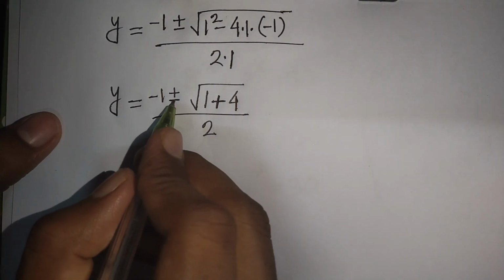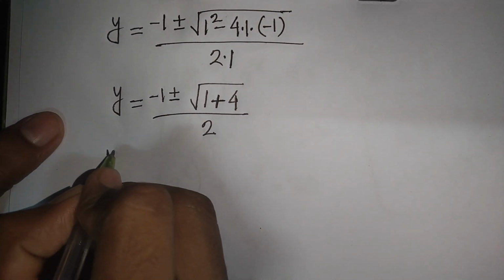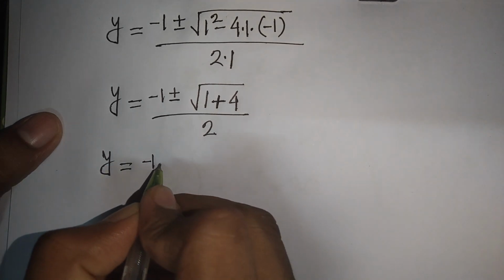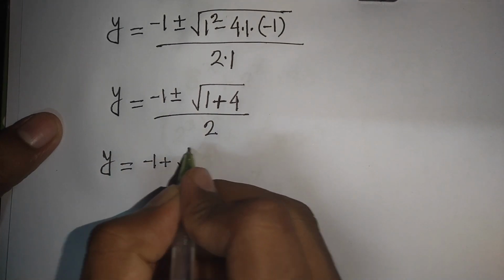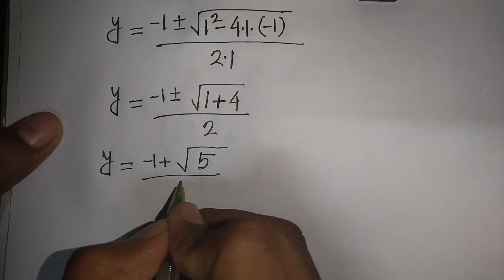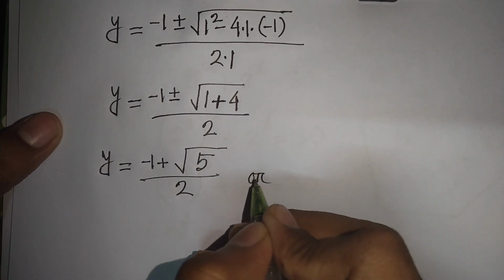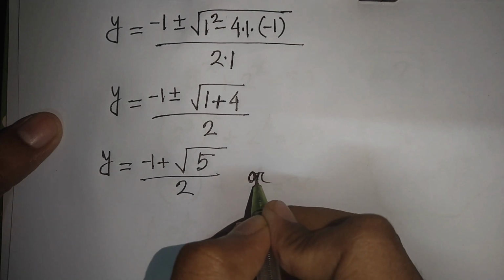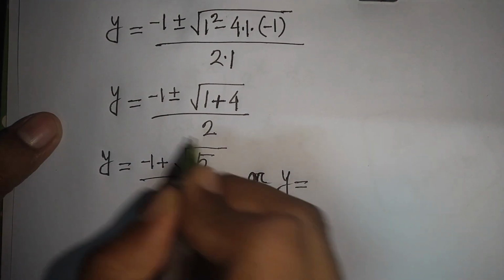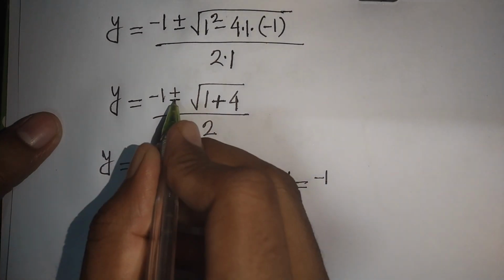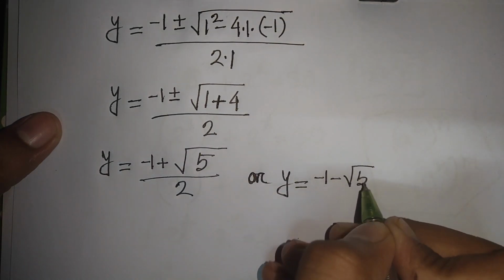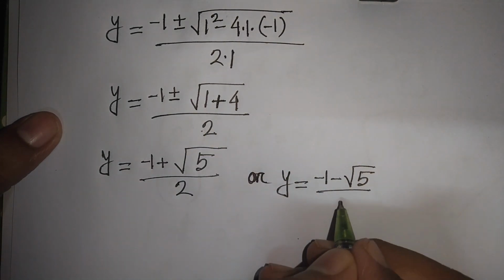Now we see here two cases: y is equal to minus 1 plus the square root of 1 plus 4, that means 5, divided by 2, or y is equal to minus 1 minus the square root of 1 plus 4, that means 5, divided by 2.